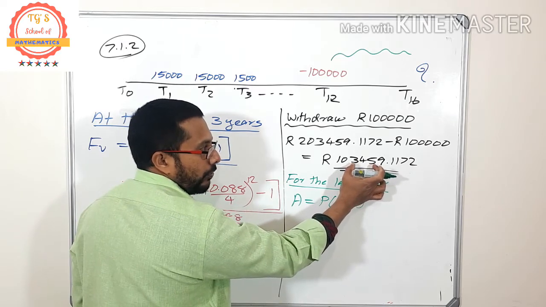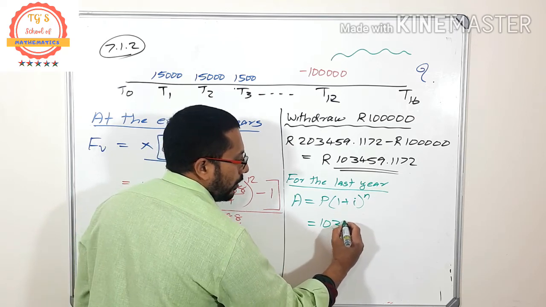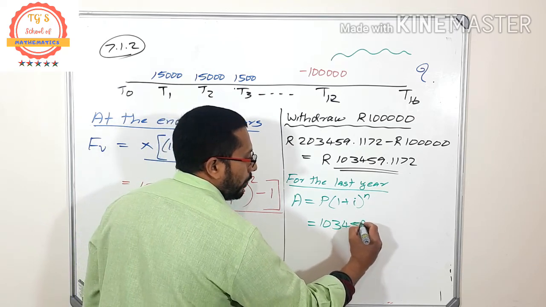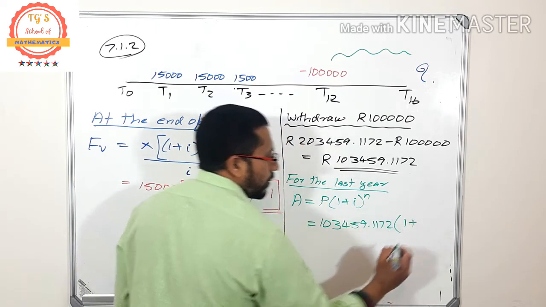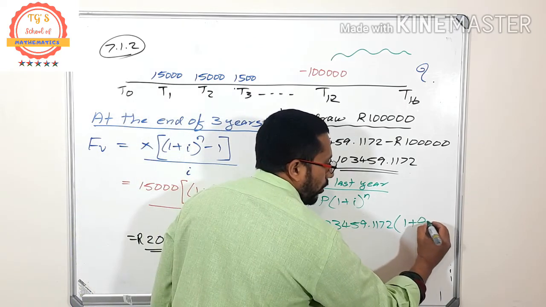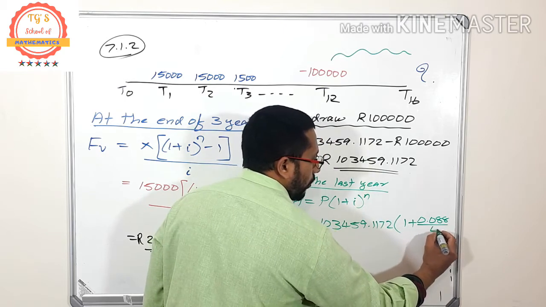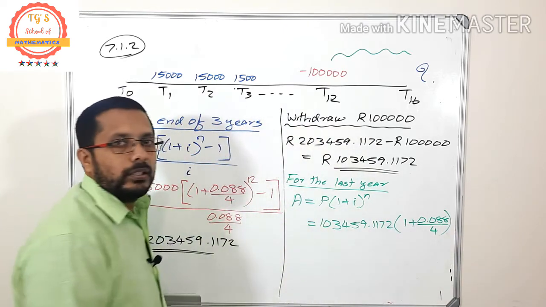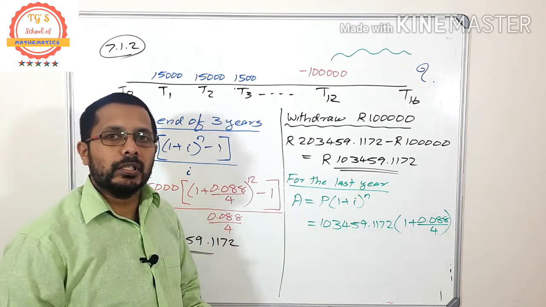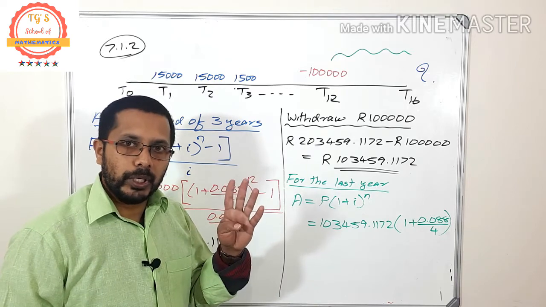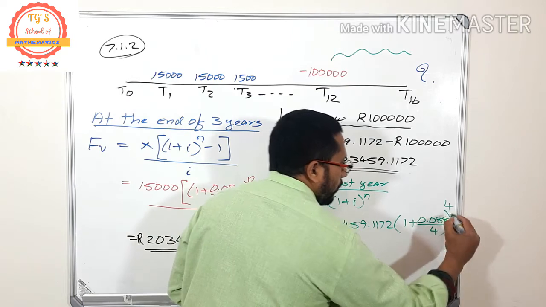This one, after the withdrawal of 100,000. So principal amount is 103,459.1172 into 1 plus what is the interest rate? 0.088 divided by quarterly 4, raised to what? We are trying to find the amount for 1 year. 1 year means since it is quarterly, 4 times interest will be calculated. That means raised to 4.